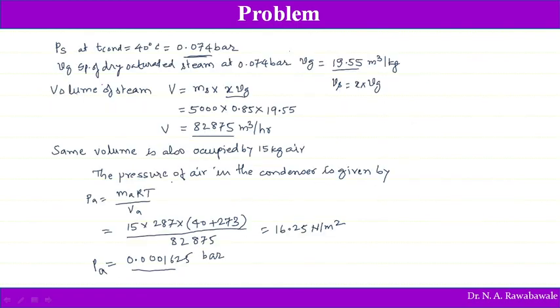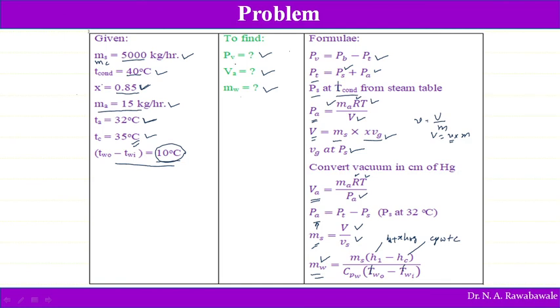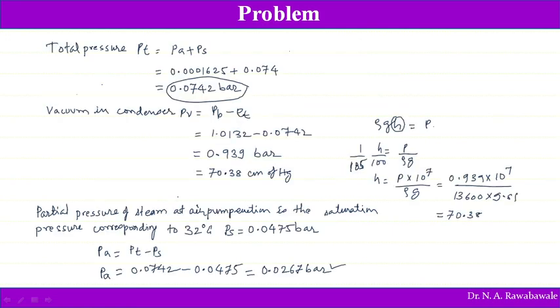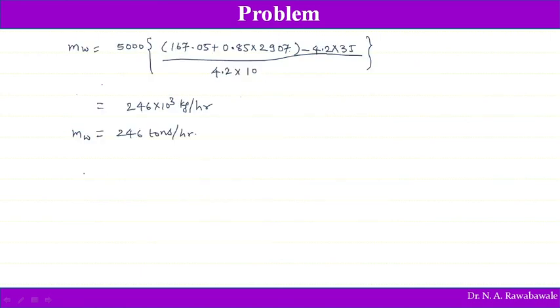So the things which are asked in this problem: vacuum pressure is calculated, Pv is 70.38 centimeters of Hg. Mass of water circulated is 246 tons per hour.